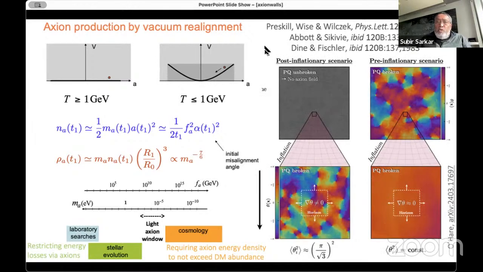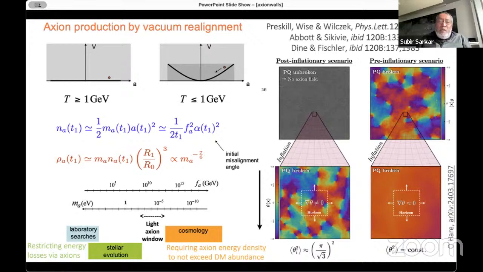Now, there is a twist to this whole business, which is that it depends on whether the Peccei-Quinn symmetry breaks before or after inflation. So if it breaks before inflation, then obviously one little patch of space-time, where the axion field is whatever it is, is blown up to be our entire universe today.